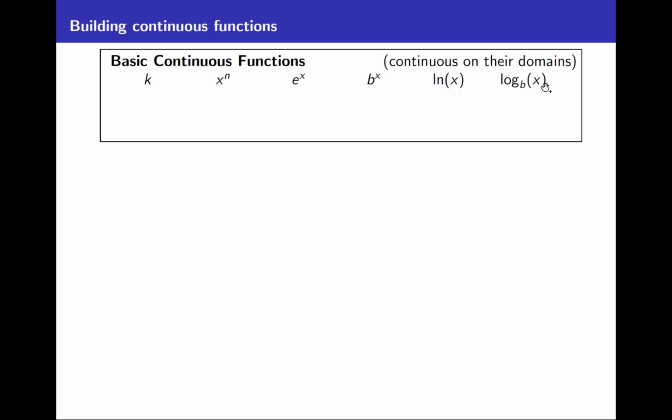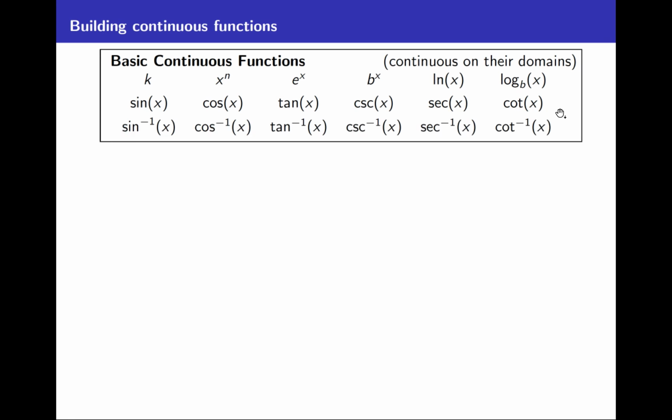They're all continuous on their domains, because your experience with these functions tells you that their graphs are continuous unbroken curves. Also, the 6 trigonometric functions and their inverses all have smooth, unbroken curves, so they're continuous on their domains. Functions like the absolute value of x could be added to this list.